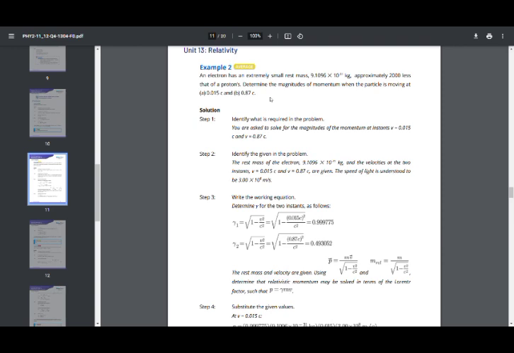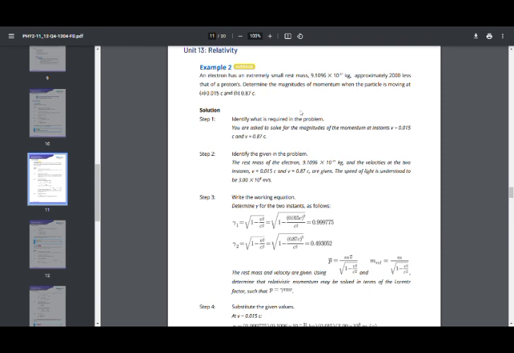Determine the magnitudes of momentum when the particle is moving at, so we have the two options talaga ito. Kailangan natin answer is 0.015 speed of light. Actually, c means the speed of light. And then 0.87 speed of light.